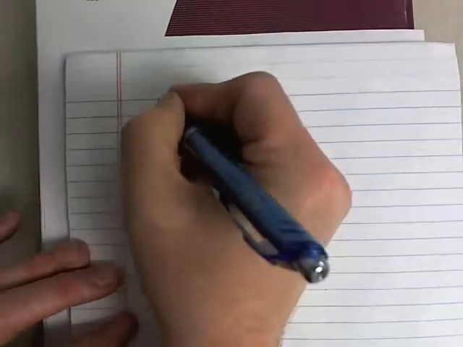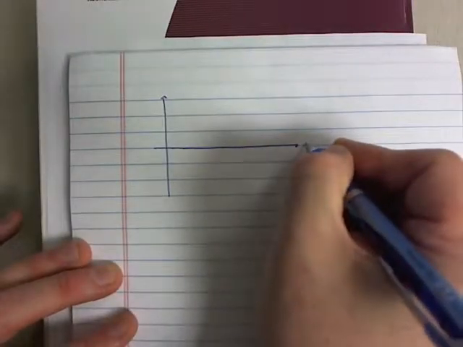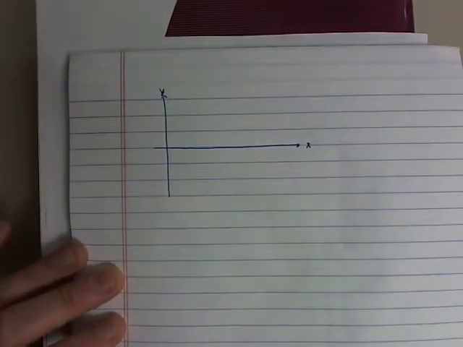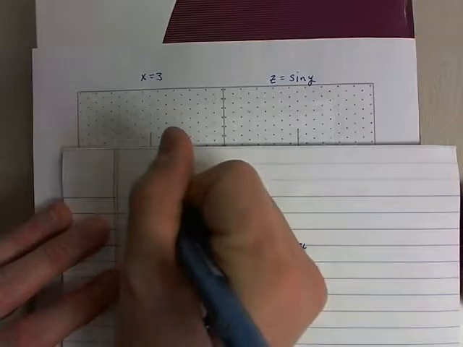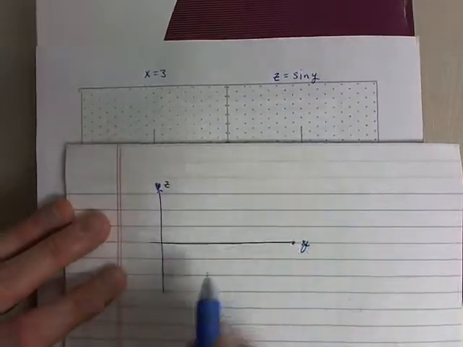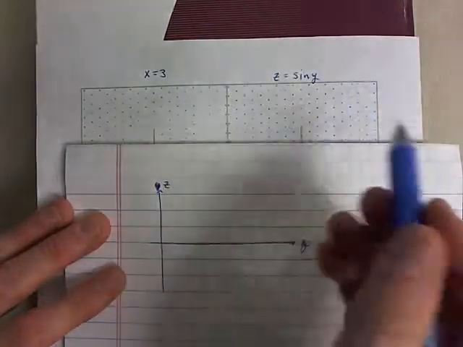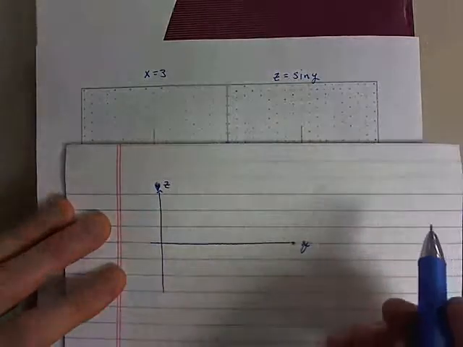Let's see here. We'll just talk about the x and the y-axis. Or, well, since it's z equals sine y, this will be the y and the z-axis. So let's see what this looks like if we're not considering x, we're just dealing with the yz plane.